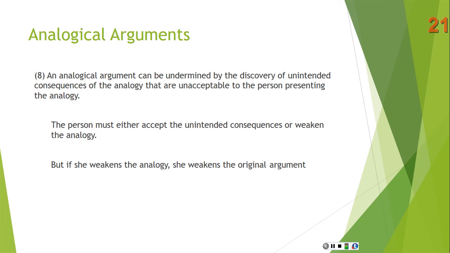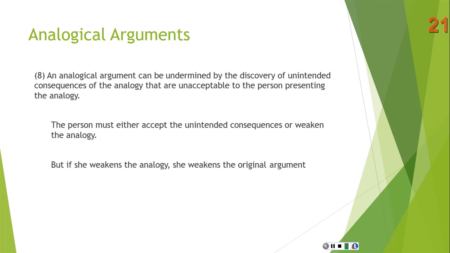And the person who gave the argument says, I don't like those consequences. Well, then they're going to have to do something in response. The person must either accept the unintended consequences of the argument or weaken the analogy. However, if she weakens the analogy, she weakens the original argument.